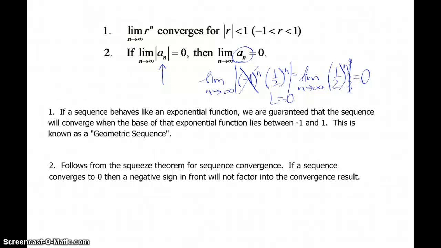So this sequence converges. And you've done the work to prove that it does. So number 2 follows from the Squeeze Theorem for sequence convergence. If a sequence converges to 0, then a negative sign in front of it will not factor into the convergence result. So this part is important. We have to converge to 0.